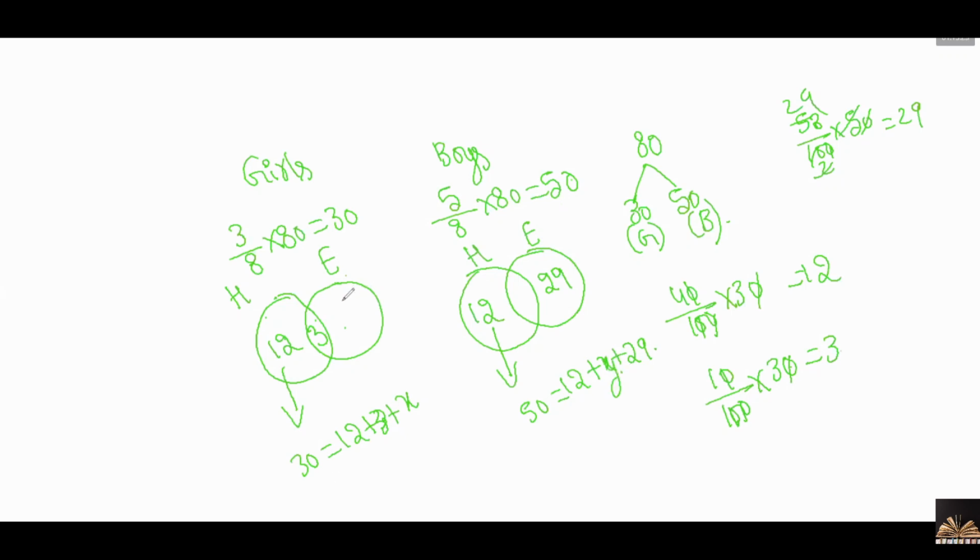So when you simplify this, x is equal to 30 minus 15, that is 15. So the number of girls who speak only English is 15. Now coming here, y is equal to 50 minus 41, that is equal to 9. So the number of boys who speak both the languages is 9.